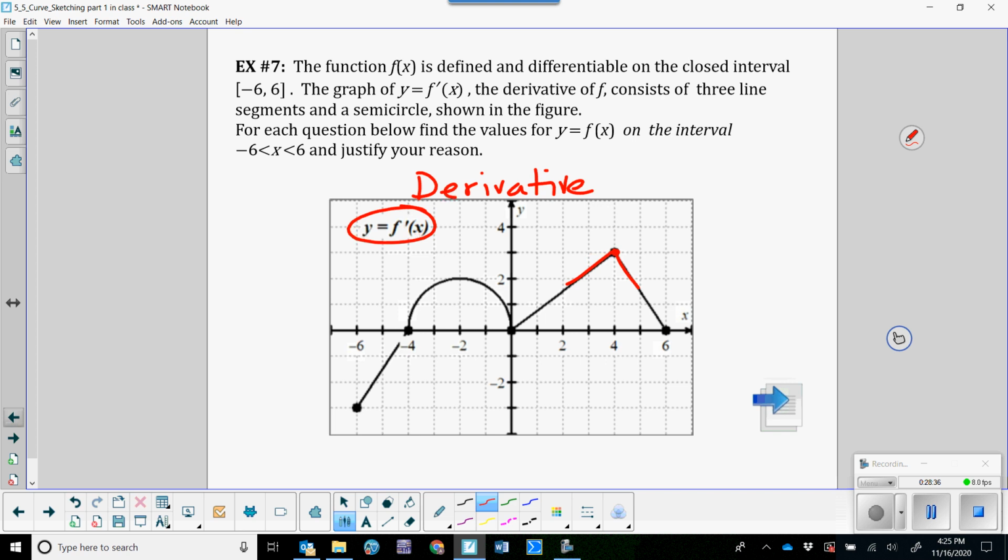At -2, you also change from increasing to decreasing. So both of those would be points of inflection because f double prime changes from positive to negative, or f prime changes from increasing to decreasing in both cases. At 0, f prime changes from decreasing to increasing. So that's also going to be a point of inflection, and that's because, again, f double prime changes from negative to positive.